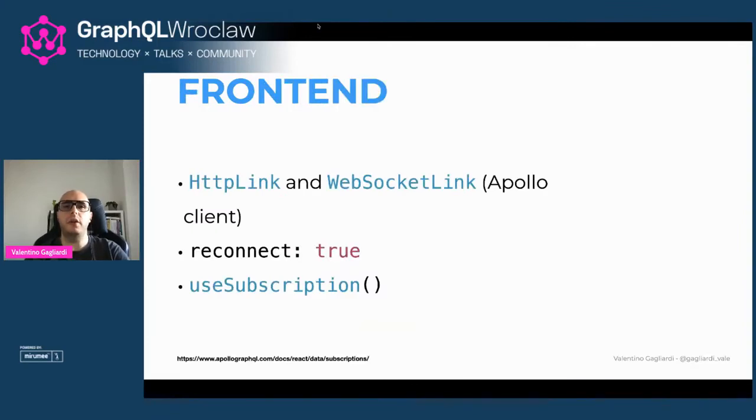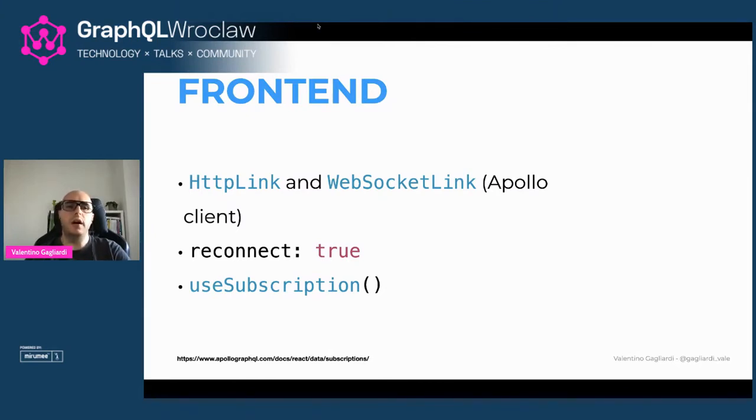How to use GraphQL subscriptions in the front end. There are many competing GraphQL libraries, but I enjoy using Apollo GraphQL. In that case, you have to pay attention to use both the HTTP link and the WebSocket link. Otherwise, any GraphQL query will travel over WebSockets, which is not what you want.